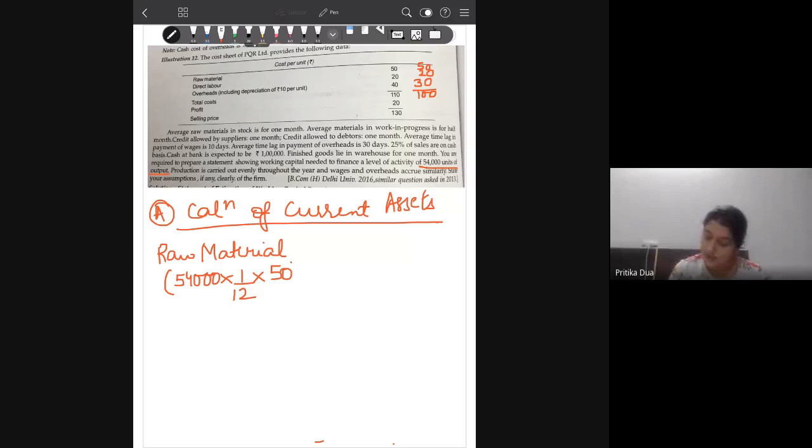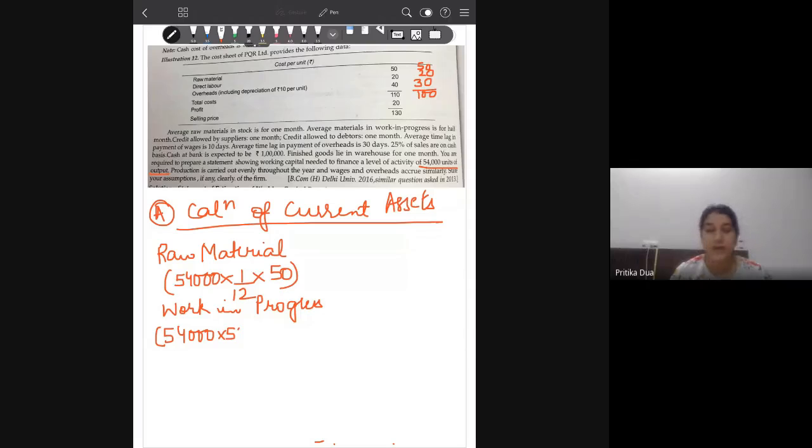Next, you need to calculate the value of work in progress. For work in progress, the statement given in the question is that average materials in work in progress is for half month. So we take again the work in progress on monthly basis, and as per the assumption, with respect to raw material, work in progress is 100% complete, while with respect to labor and overheads it is 50% complete.